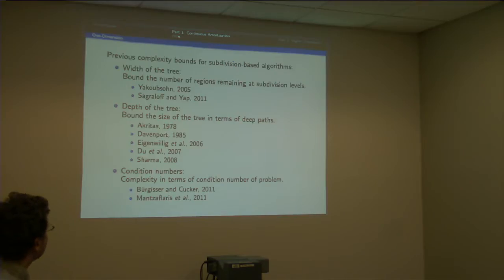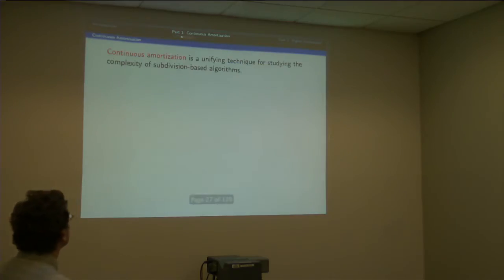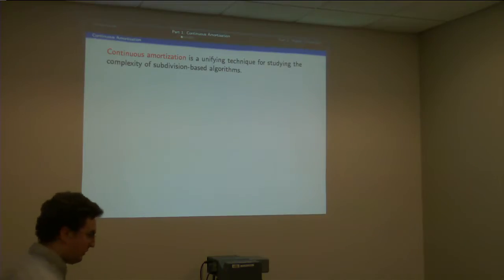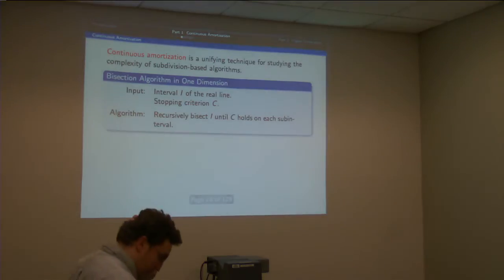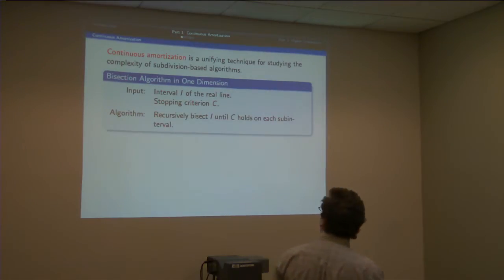The method I'm going to present, continuous amortization, at least in this first part, can be used for all of these different techniques, and it sort of subsumes all of them. Continuous amortization is a unifying technique for studying the complexity of these types of algorithms. So I'm going to generalize what we've had so far.